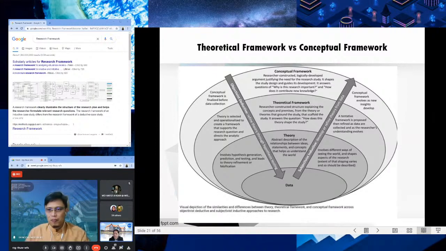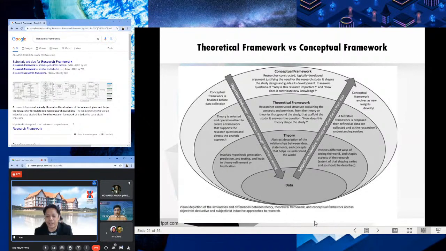When we talk about theories and their application, when we do research and any studies, sometimes we need to explore more about the theories, because the theories may not be workable directly.